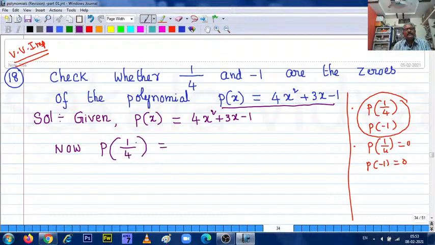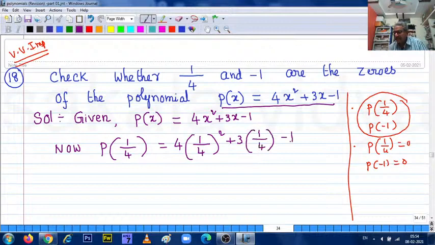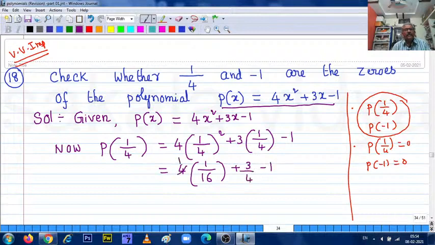In the place of x, 1 by 4 substitute. 4 times 1 by 4 whole square plus 3 times 1 by 4 minus 1. Let us simplify. So 4 times 1 by 4 whole square means 1 square is 1, 4 square is 16, plus 3 upon 4 and minus 1. Here 4 cancels with 16, 4 fours. We have 1 upon 4 plus 3 upon 4 minus 1.